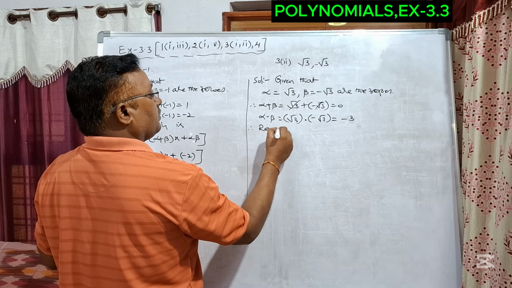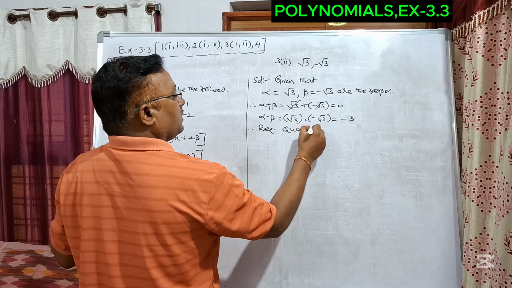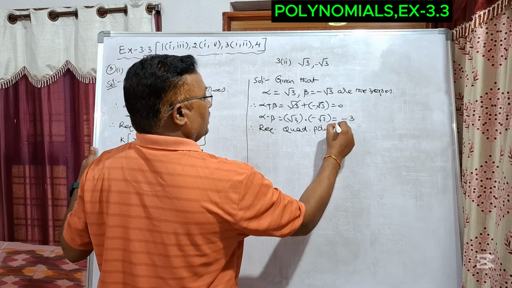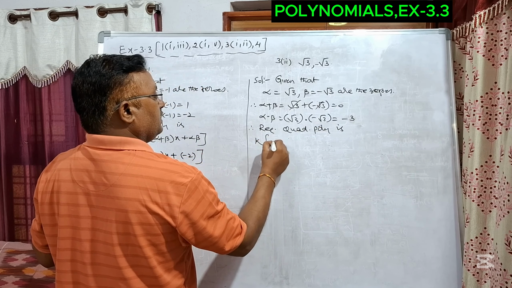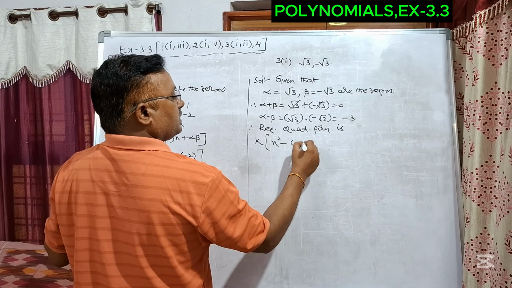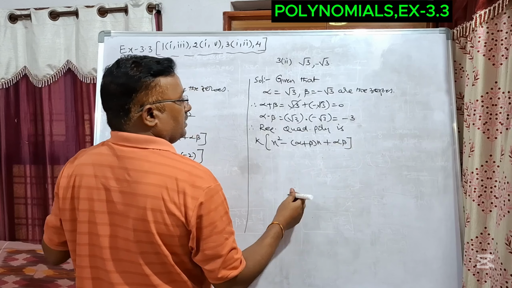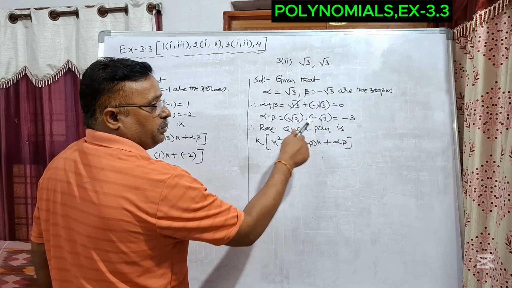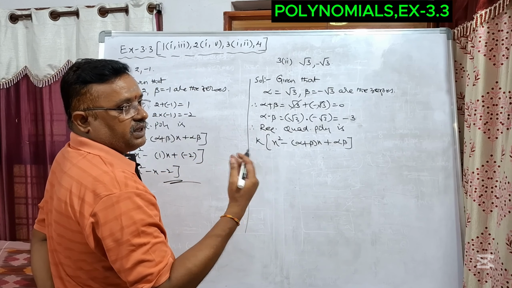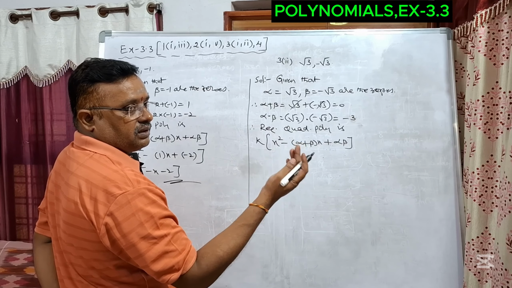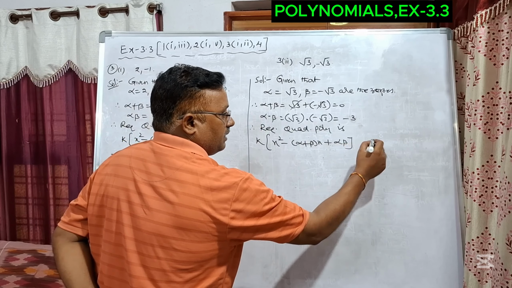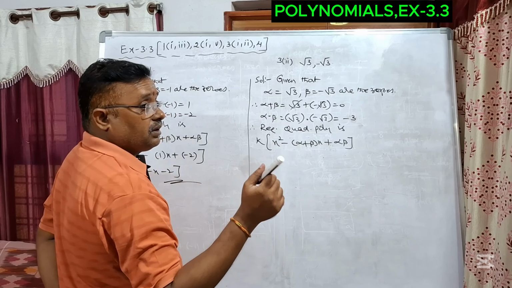Therefore, the required quadratic polynomial is k into x square minus (alpha plus beta) into x plus alpha beta. They are asking only for the quadratic polynomial. Sometimes in the exam they can ask you for a quadratic equation. If it is an equation, you should take it equal to 0. If it is a polynomial, you are not supposed to.